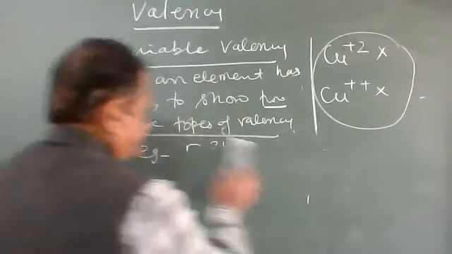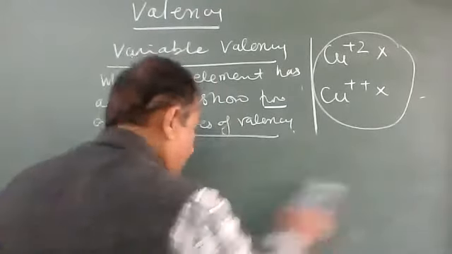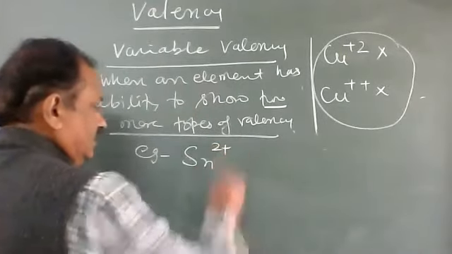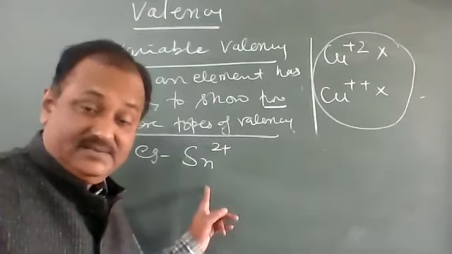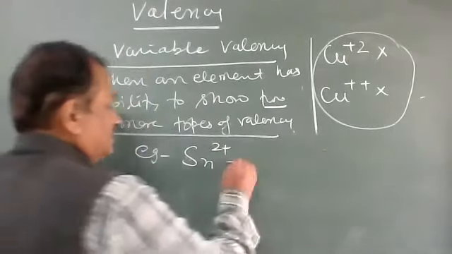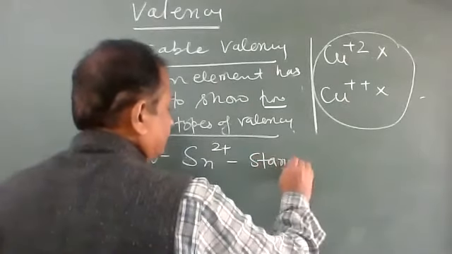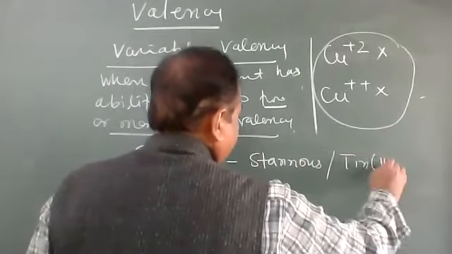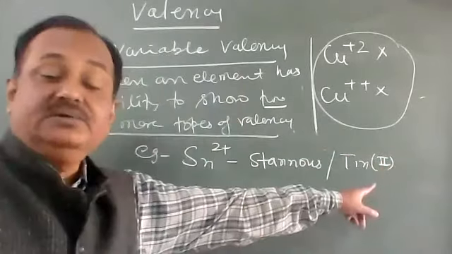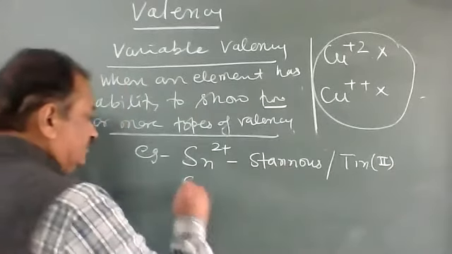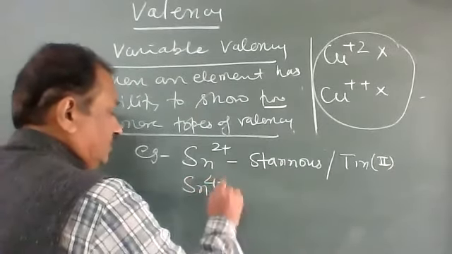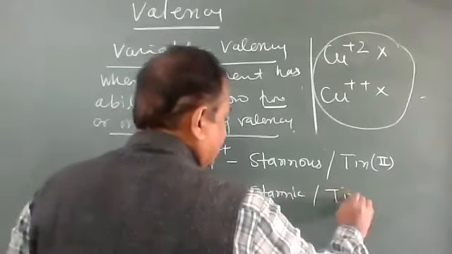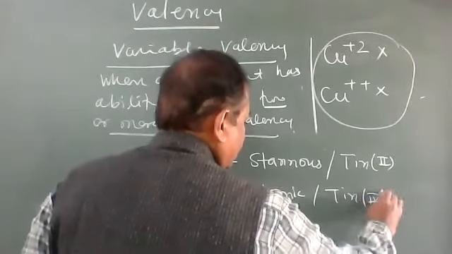Now coming to one more example, Sn 2 plus. Sn is a metal element. It is called stannous, or tin second. We always write in Roman numerals, tin II. Sn 4 plus is stannic, tin IV.